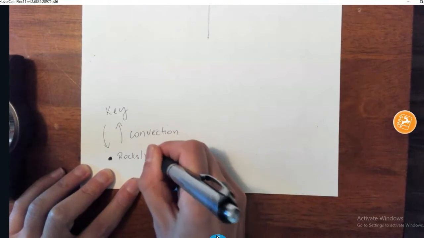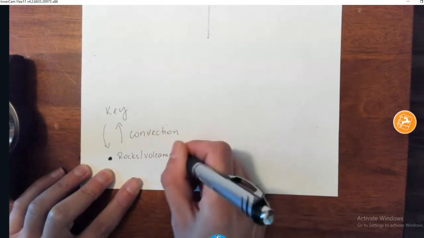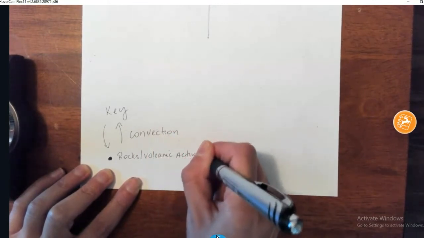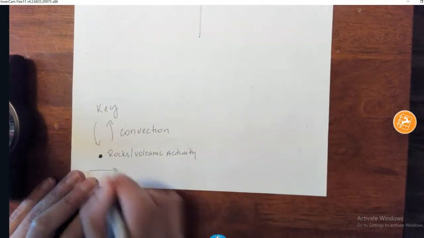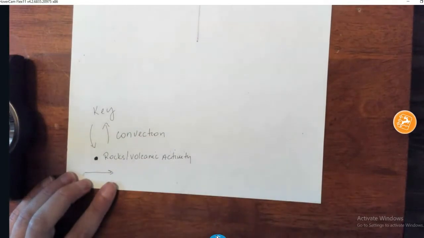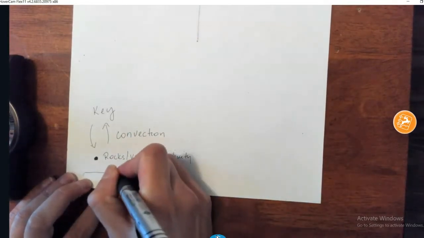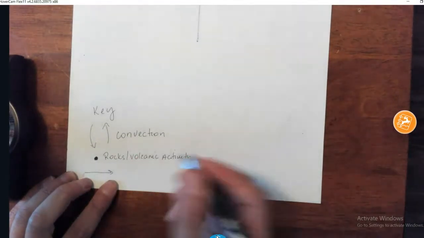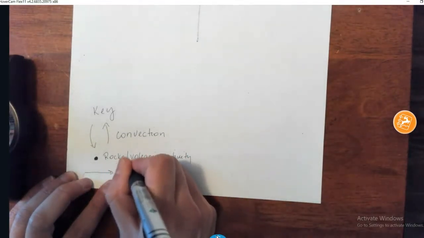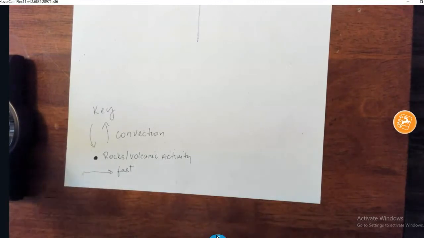I'll put here volcanic activity, just to emphasize that those rocks are really hot because of the volcanoes. And then I would put a big arrow here indicating that the temperature is high. Fast moving particles or high temperature, it doesn't matter how you express that.